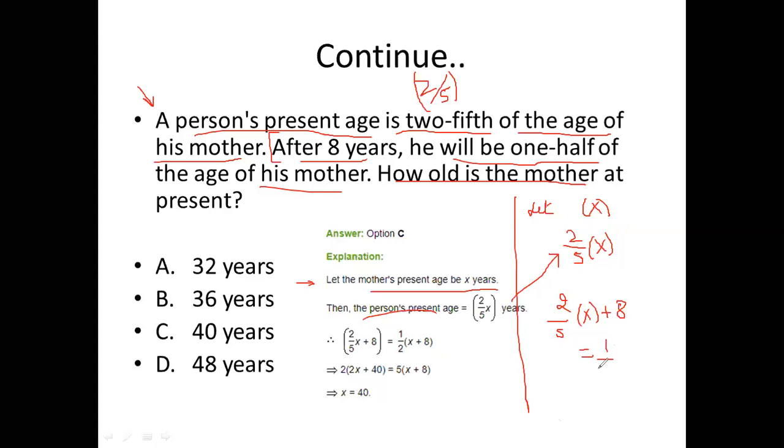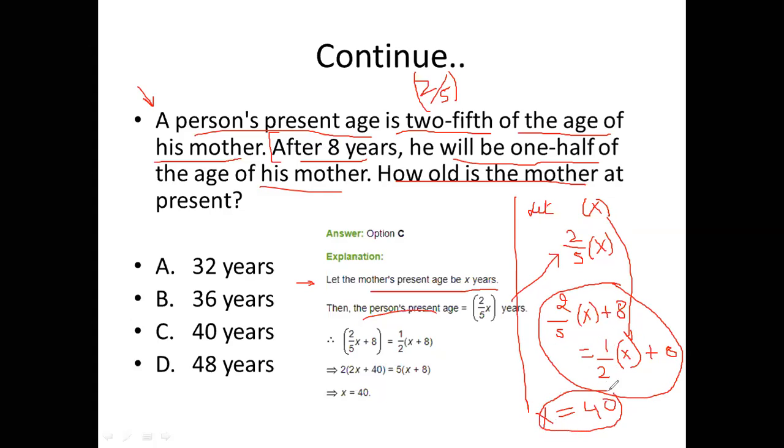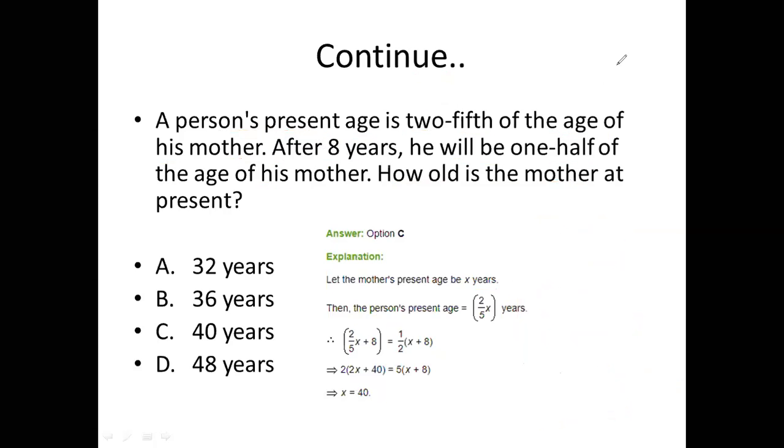So 1 by 2 into x, where x is the age of the mother. 1/2 of the age of the mother, plus 8 for after 8 years. If we calculate this equation, we will get the value of x, that is 40. Is it clear now? Let's go ahead to the next question.